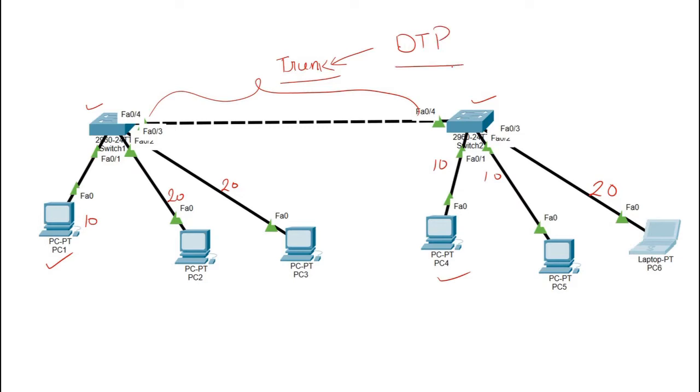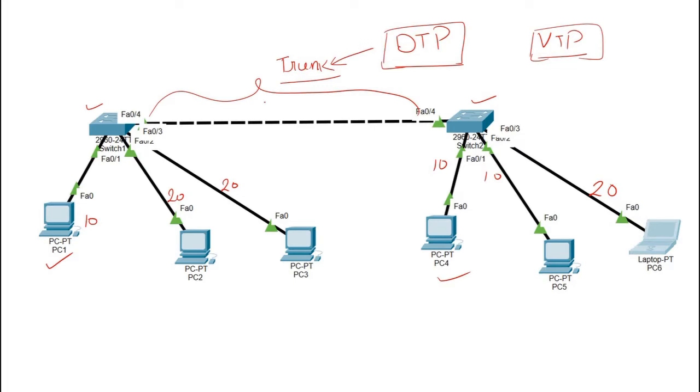So today's topic is DTP and VTP. DTP stands for Dynamic Trunking Protocol, and VTP stands for VLAN Trunking Protocol. We will discuss DTP a little and VTP in much more detail, because VTP is very important.